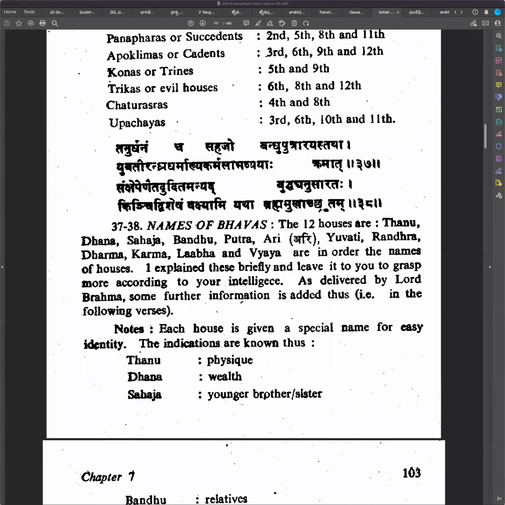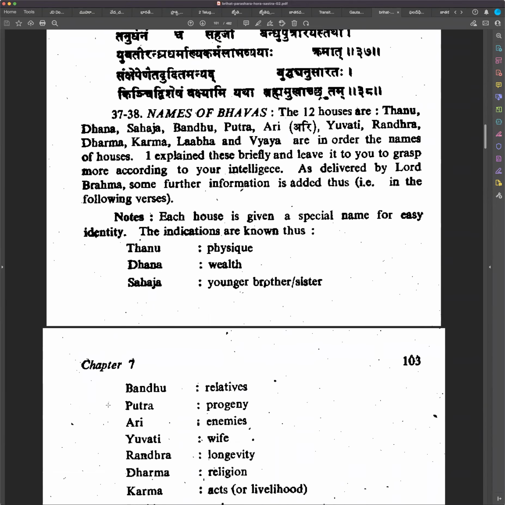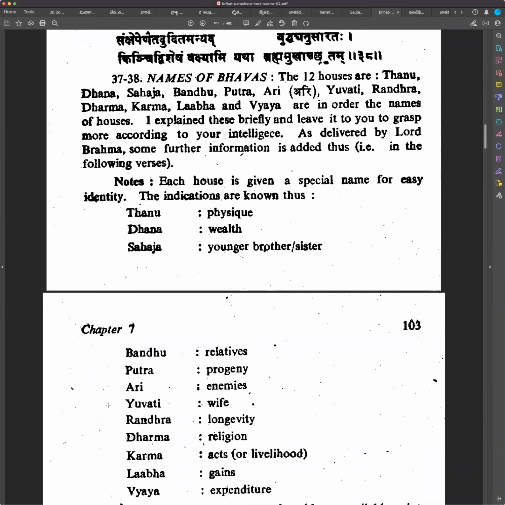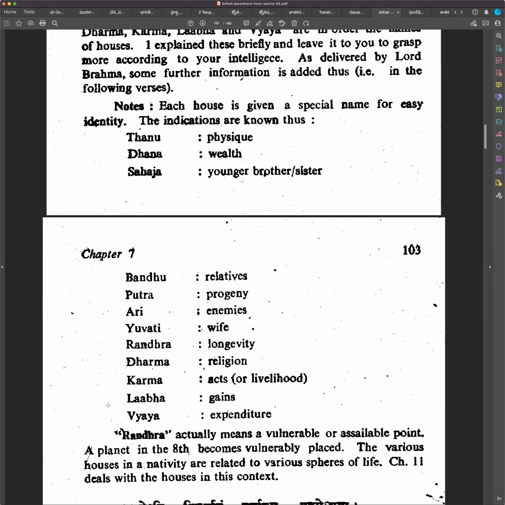The 12 houses are Thanu, Dhana, Sahaja, Bandhu, Putra, Ari, Yuvati, Randra, Dharma, Karma, Labha, and Vyaya, in order the names of the houses. I explained these briefly and leave it to you to grasp more according to your intelligence. As delivered by Lord Brahma, some further information is added in the following verses.